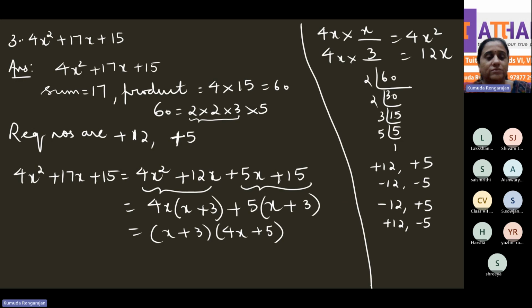Try this yourself. So factorize all these by splitting the middle term. Same heading, factorize by splitting the middle term. You don't have to wait for all the questions. You can get started. 8x squared minus 22x plus 15.